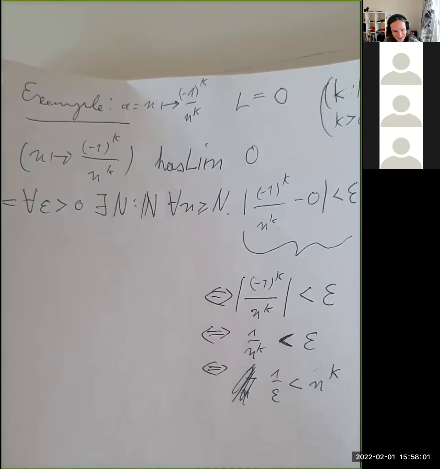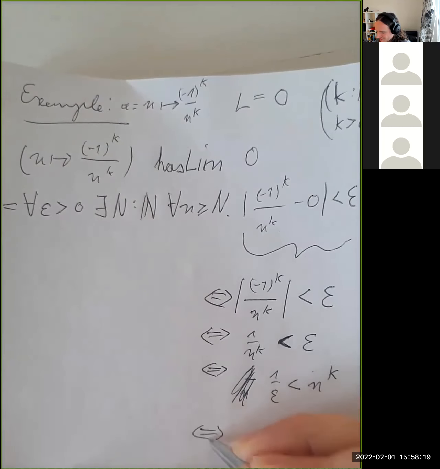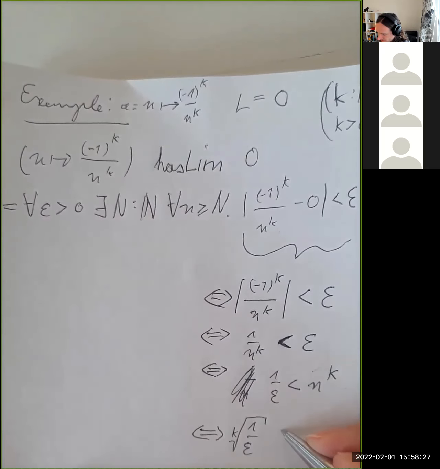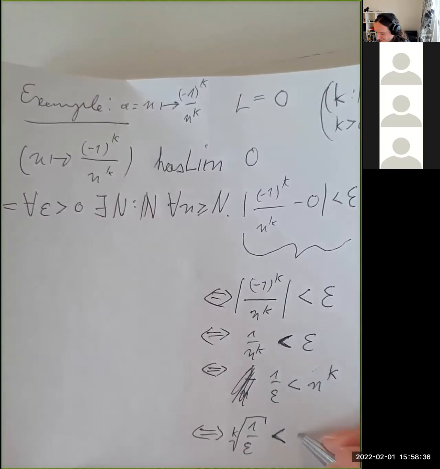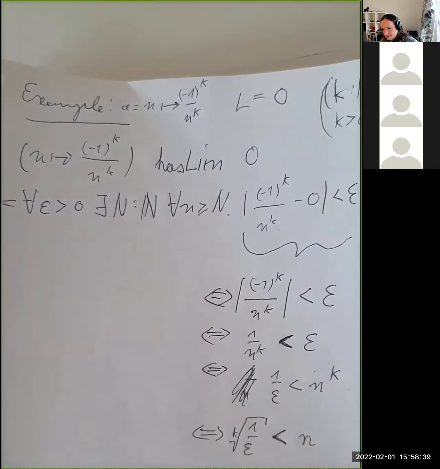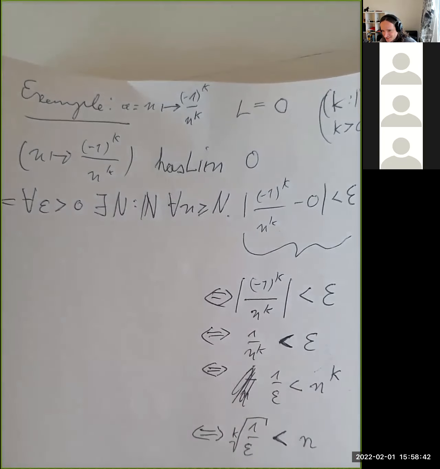You could, but it's actually easier. Yes, so at least I claim that's easier. I mean, in the end, it's the same, but an nth root might be easier to reason about. Right, thanks. So we take the k-th root, which is okay as a function and totally unproblematic if everything is positive. Yeah, okay, nice, good.